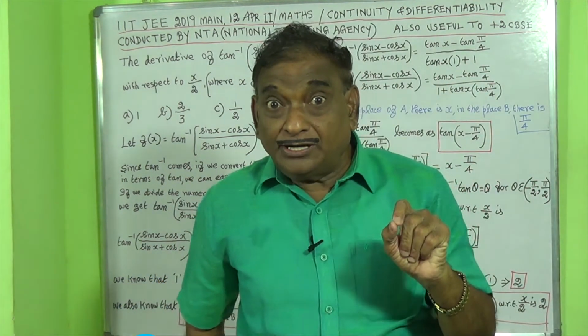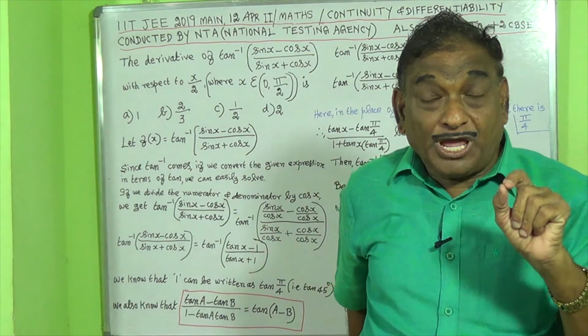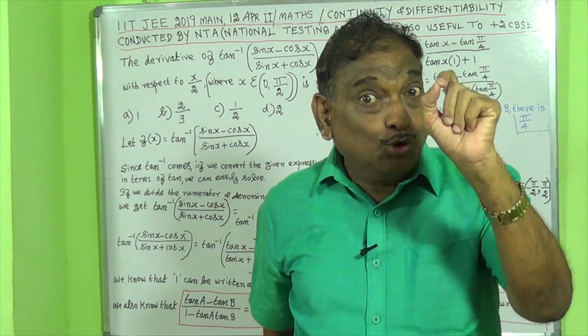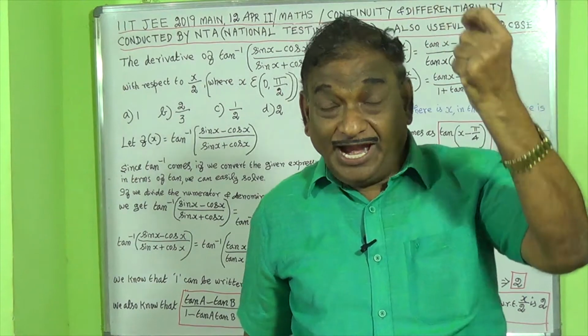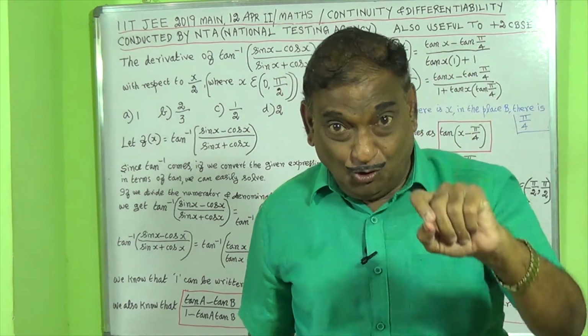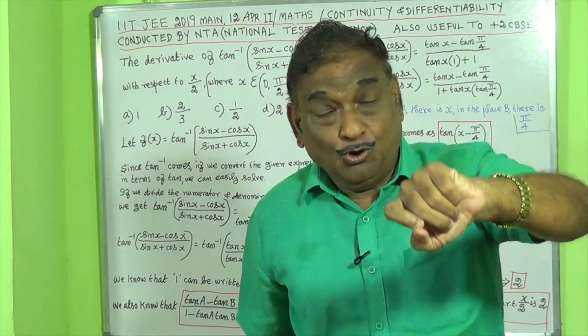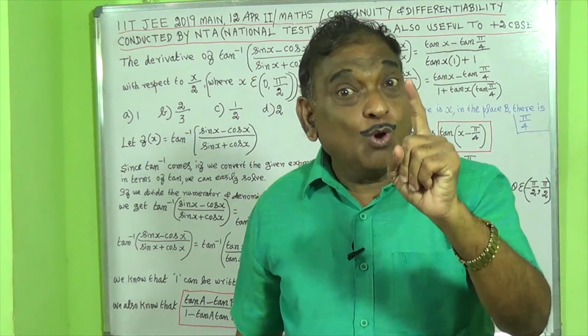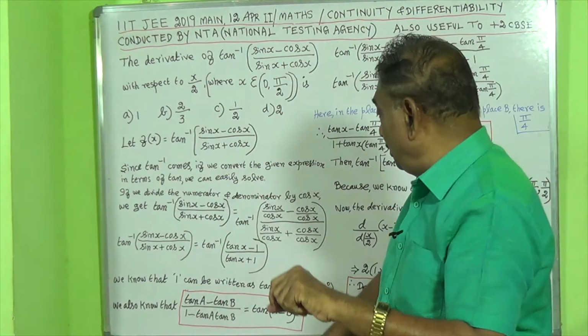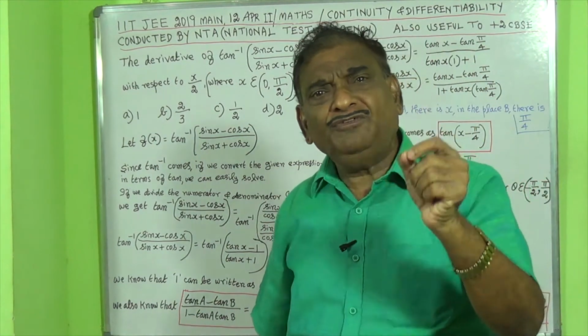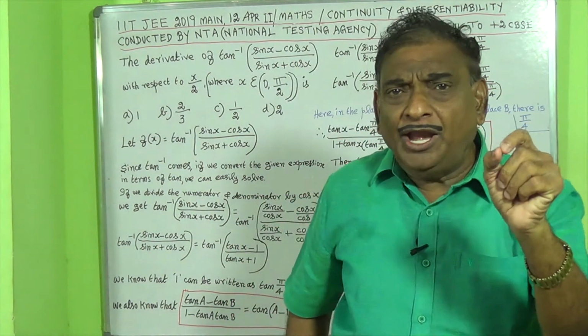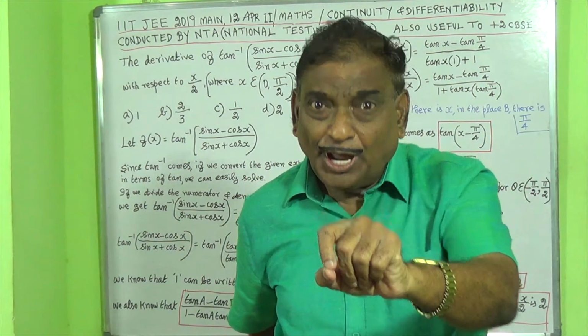We know that tan pi by 4 is equal to 1. So 1 can be substituted as tan pi by 4, or tan pi by 4 can be written as 1. In this case we are going to write 1 as tan pi by 4. Why should we convert 1 into tan pi by 4?